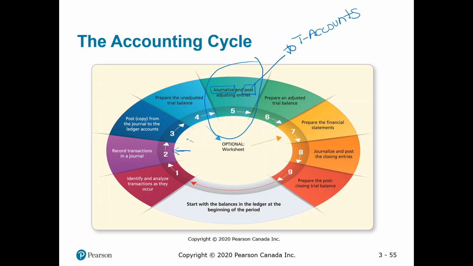But step 5 is both journalizing and posting the adjusting entries. When we do this, so we journalize and we post these entries, we also need to calculate the updated balance in our T accounts. And from that, we will actually use those new balances and prepare an adjusted trial balance.